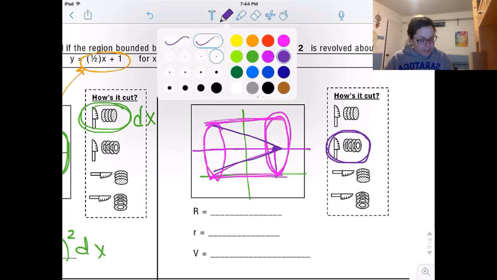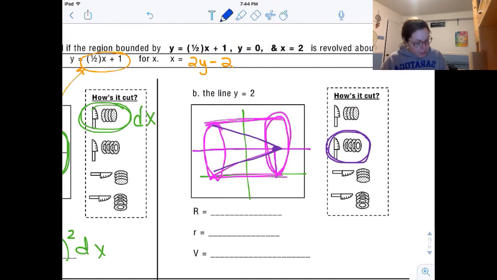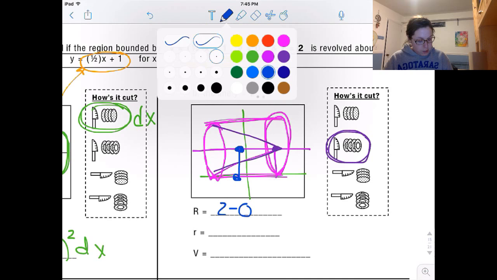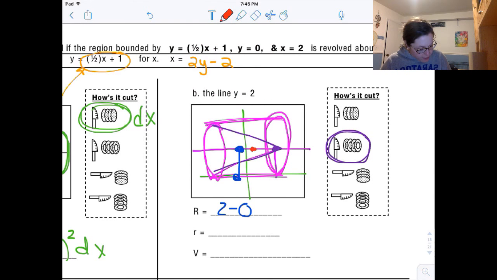So here's what we need to do. We need to figure out what these radii are. So think about your outer radius. That's from your axis of rotation down to the outermost part of your shape. That would be 2 minus 0. So your outer radius is 2, always, right? Looks like a cylinder, that never changes. Your inner radius is going from your axis of rotation to that inner part. And so that's going to be 2 minus the line there, so 2 minus (1/2 x plus 1).